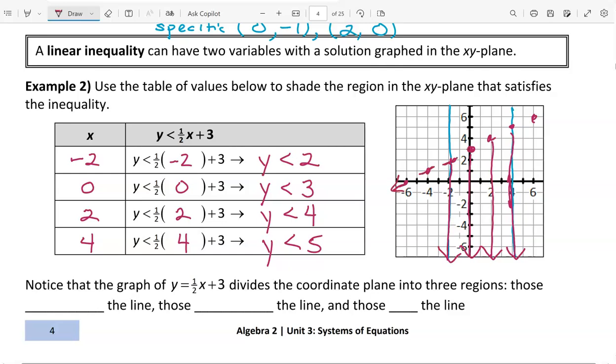Instead of writing open circles on those lines, we are going to dash the line to indicate that the line is not included, and then we are going to simply shade all the points below, and you can either shade it in completely with your pencil, or you can just put crosshatches on that area.